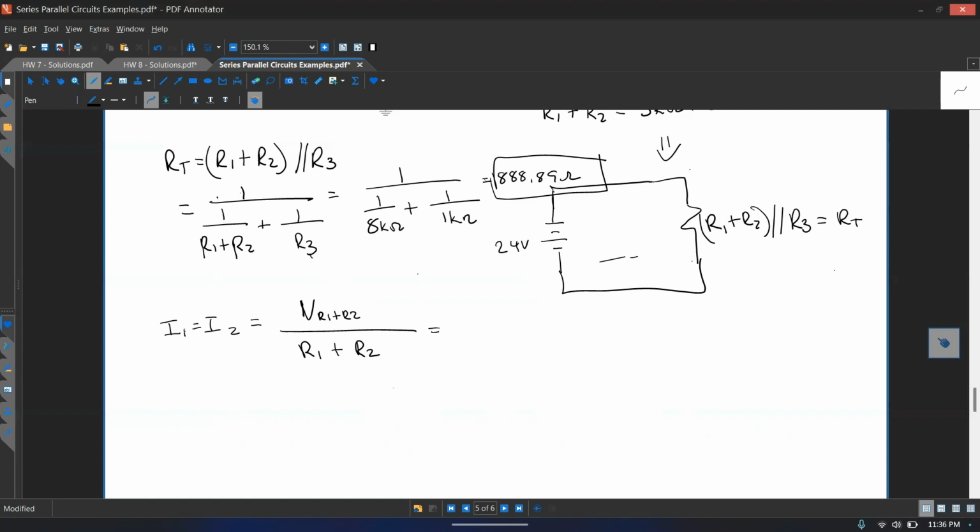And the voltage across that series combination is 24 volts divided by 8 kilo ohms. All right, so that equals 3 milliamps.